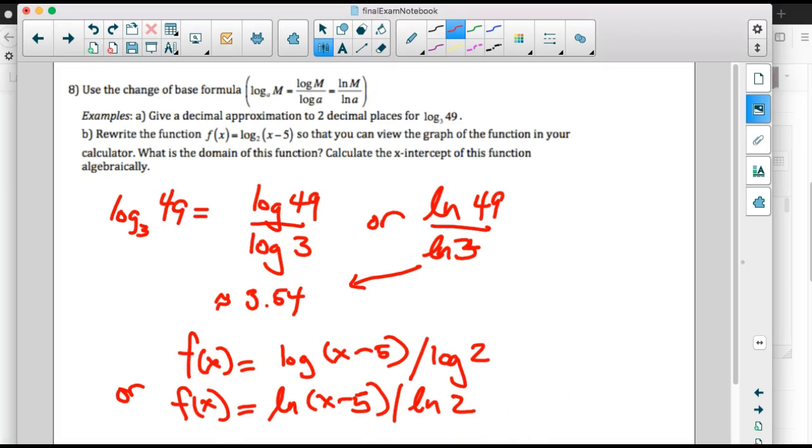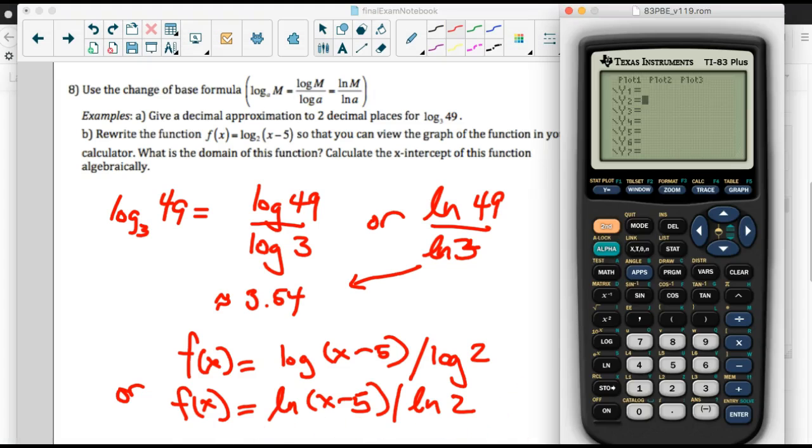So let's find the calculator. Here it is. So if we use log, it's log of x minus 5 divided by log of 2. So if we do that, that will give us a graph of the actual thing here.